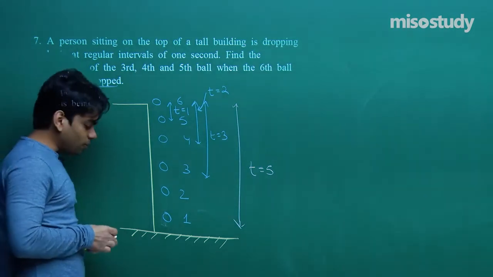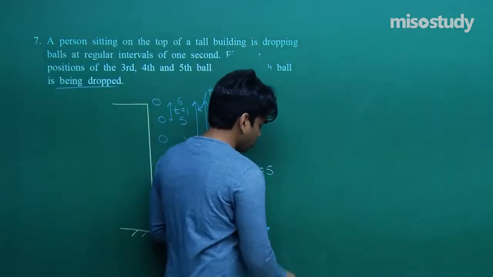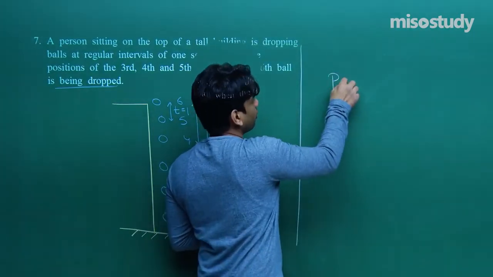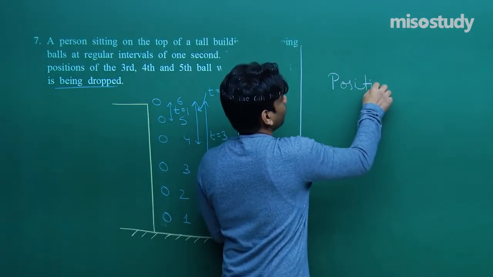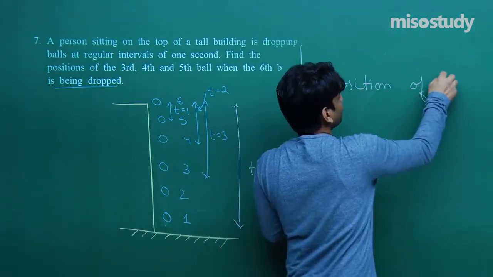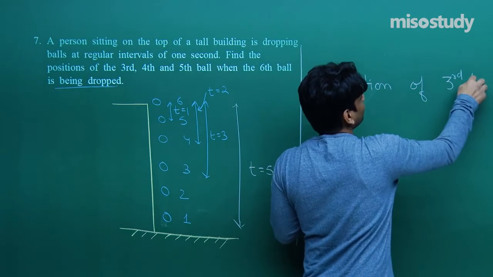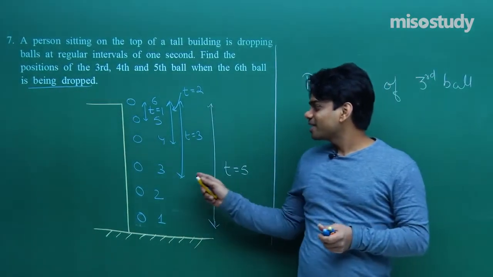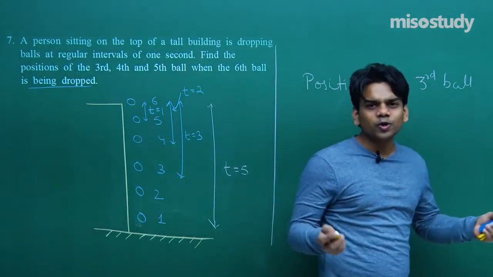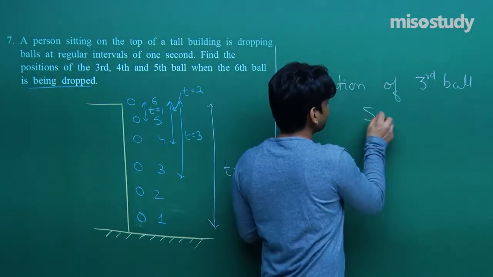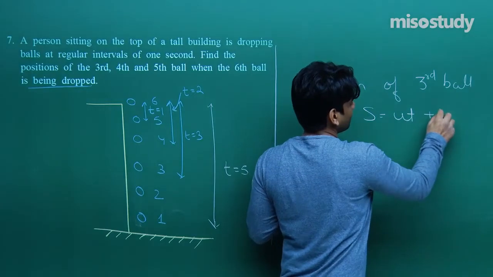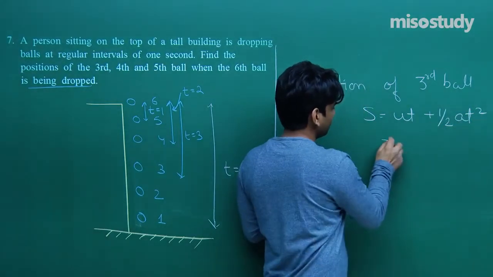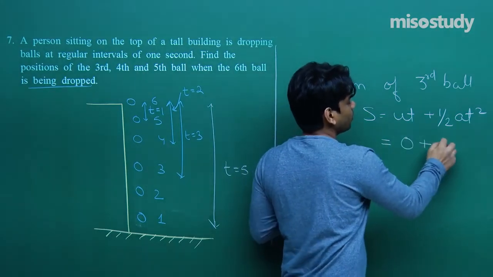So the position of the third ball, let me go ahead and mention it. The third ball has traveled for a time of 3 seconds. Use s equal to ut plus half at square and go ahead with the problem. u is 0 plus half.